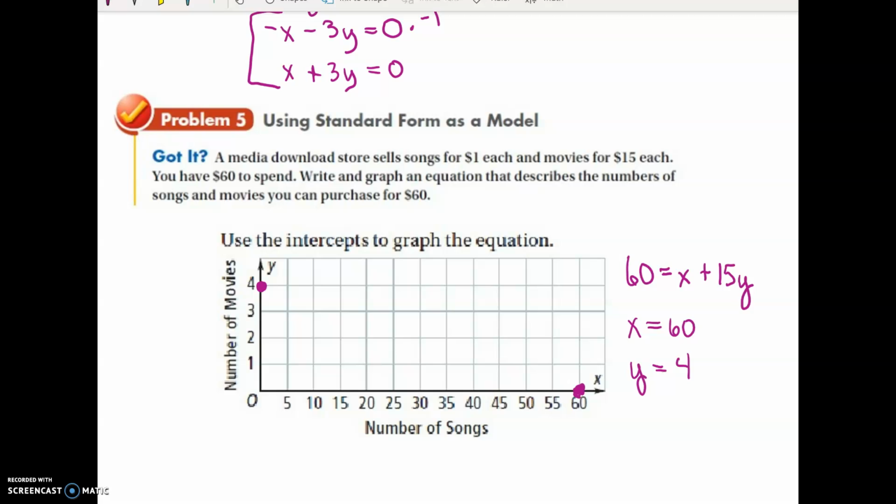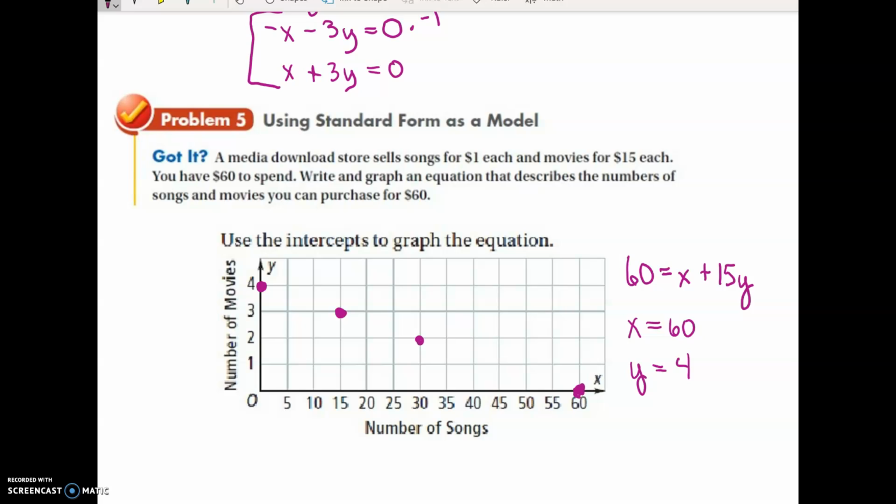So if I buy 5 songs, that's not going to let me also buy 3 movies, you know. So what about if I bought 15 songs, and that would allow me to buy also 3 movies? So that point would probably make sense. I'm just checking that real quick to make sure. Yeah, so that one works. We also could have a combination of 30 and 2.